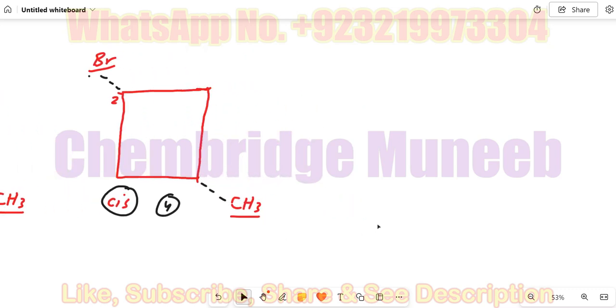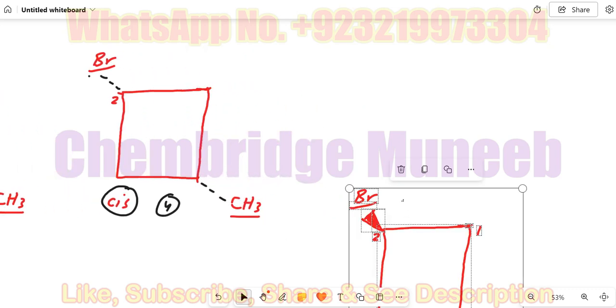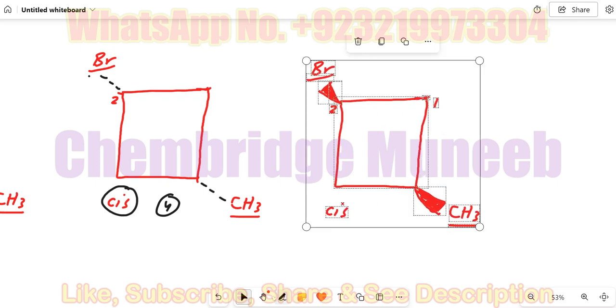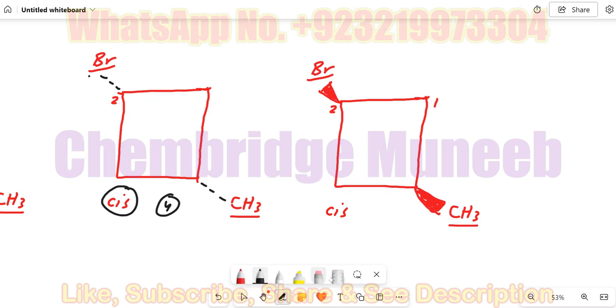Now I am going to show another product here. In this case I will show that one of the bonds is going into the plane and the other one is coming out of the plane. So for this CH3 I will show that it is going into the plane and the other one is coming out of the plane.